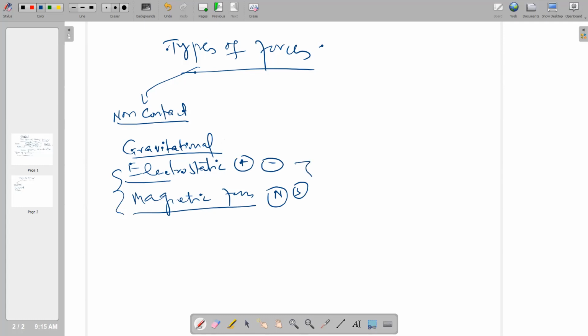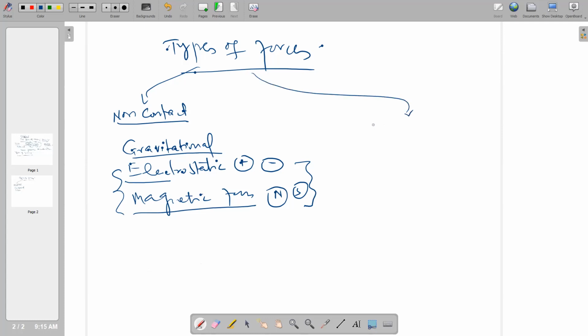Both these forces are almost the same, but their difference is this one. You cannot separate the north pole, you cannot separate the south pole, but you can separate the charges. Positive charges you can separate, negative charges you can separate, but you cannot separate the north pole and the south pole. This is the difference. But gravitational force is always attractive. It is not repulsive. So these types of forces are called non-contact forces.